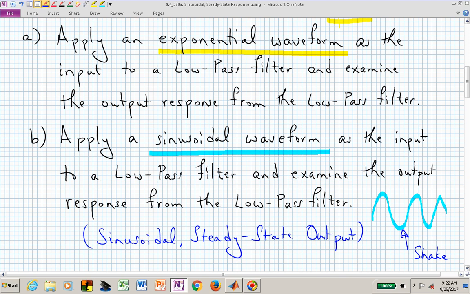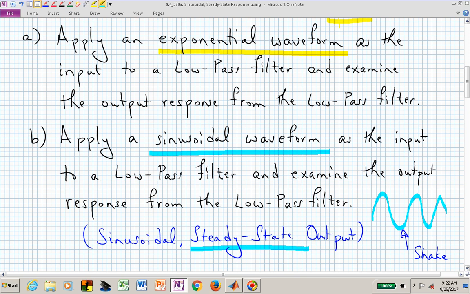What's going to happen in a linear system is the output is going to, after the transients have disappeared, so now we're talking about under steady state conditions, after the transients have finished, which is after 5 time constants, then the output signal will actually be shaking at the same frequency or oscillating or vibrating at the same frequency that we are exciting the system with.